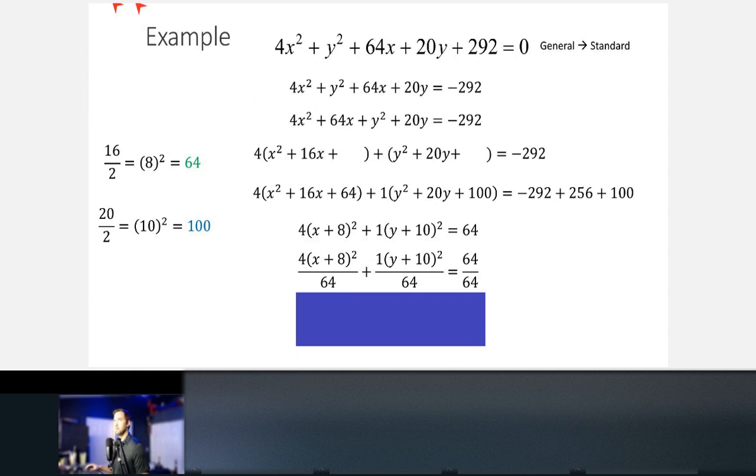And then back to my left side here. We have 4 times this binomial squared over 64. So how can I reduce 4 over 64? It looks like Rachel says it becomes 1 over 16, and she is correct.